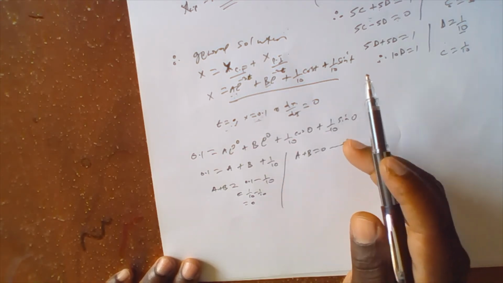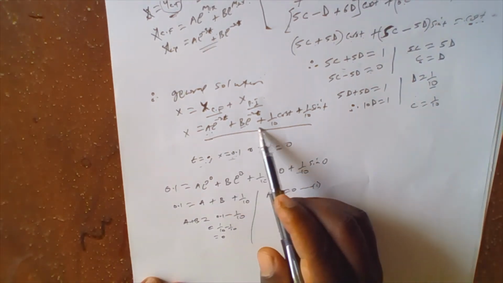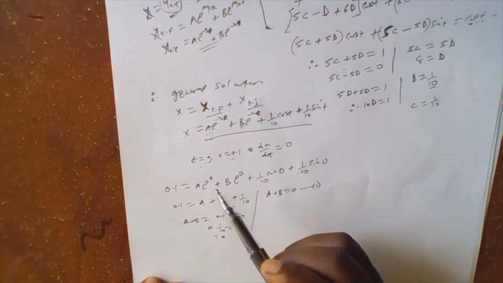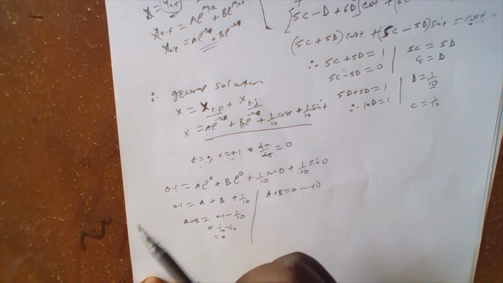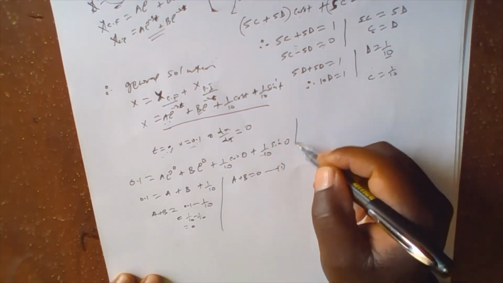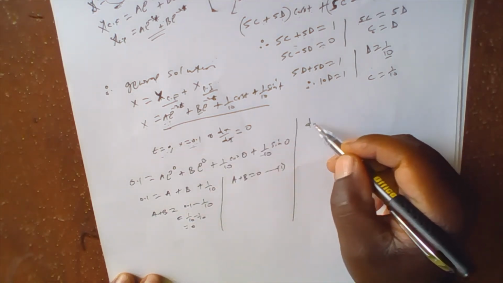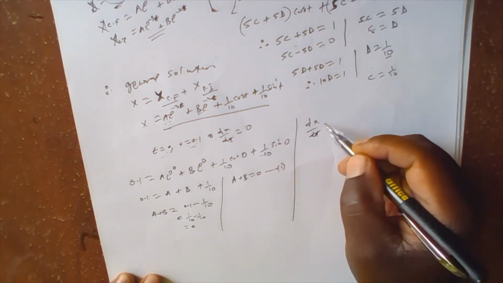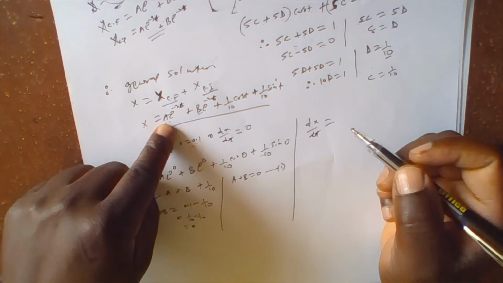dt equals 0. So we need to differentiate this. We differentiate this equation with respect to t so we shall get dx dt.